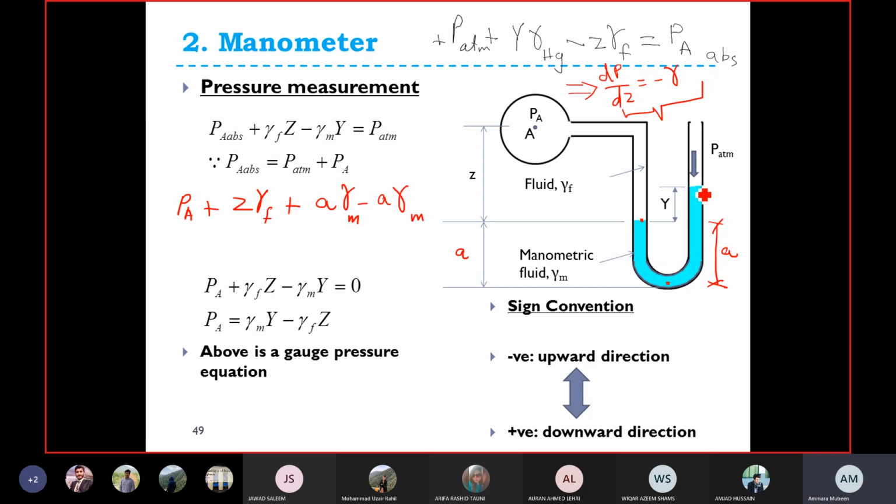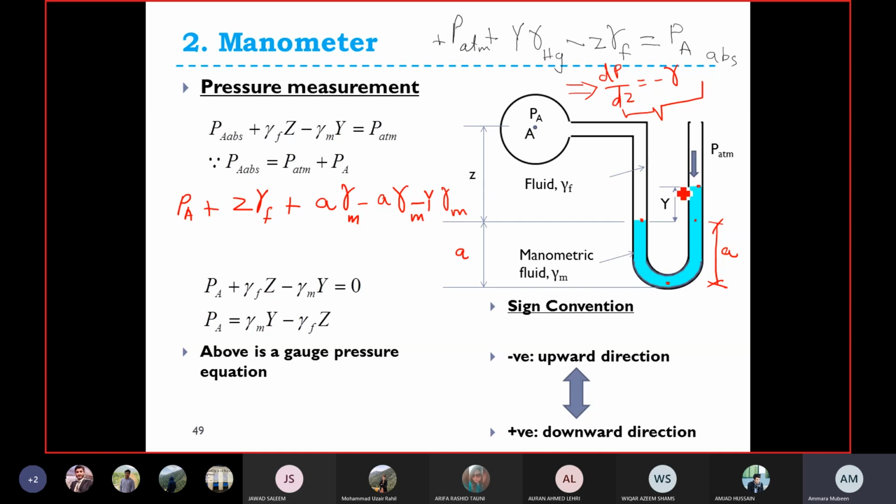Then I'm again going upward. I have the distance y. Now my destination is the surface of this manometric fluid. From here to here, I'm going upward. It will be minus y, where y is the distance, multiplied by gamma m.